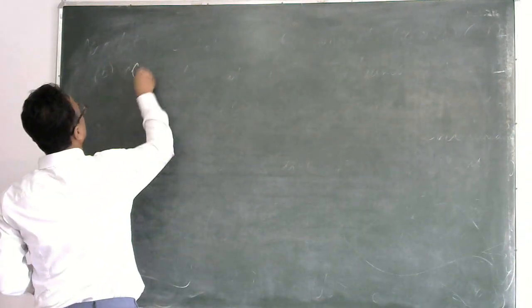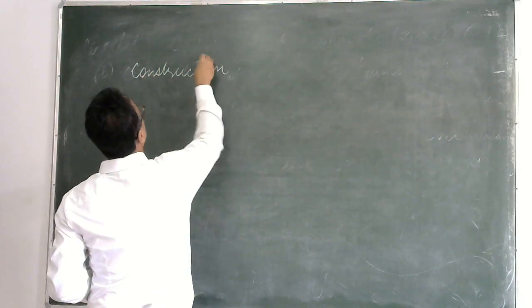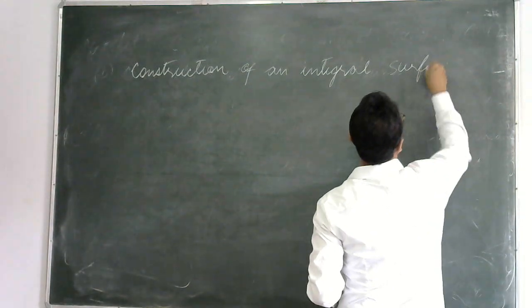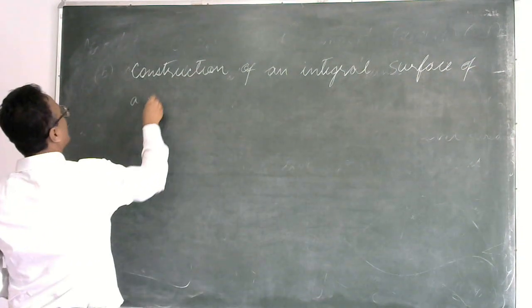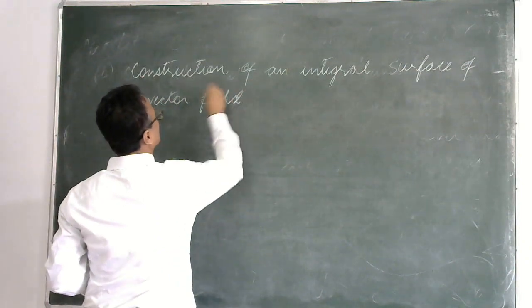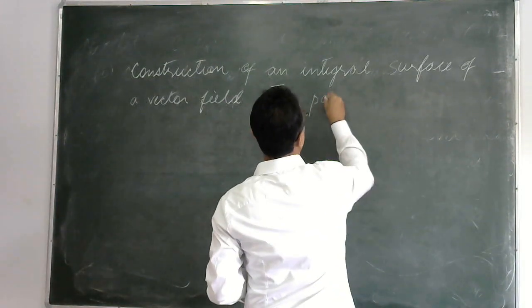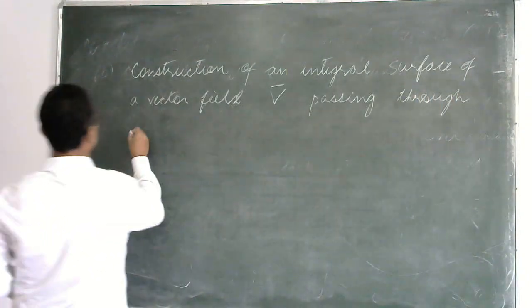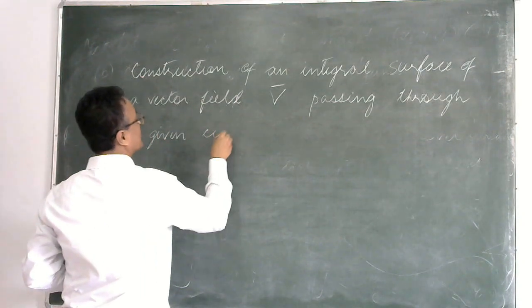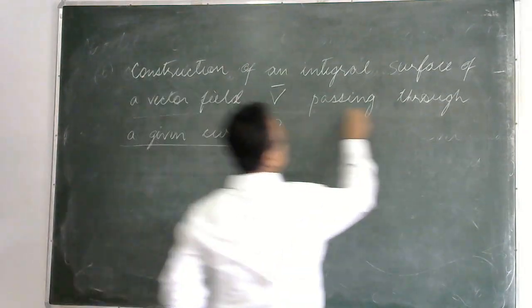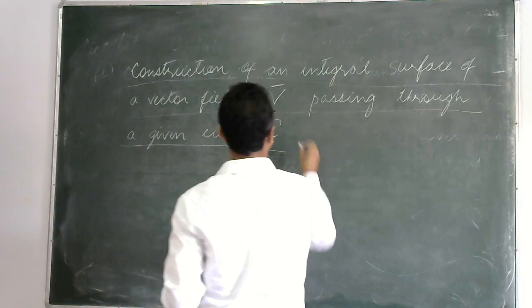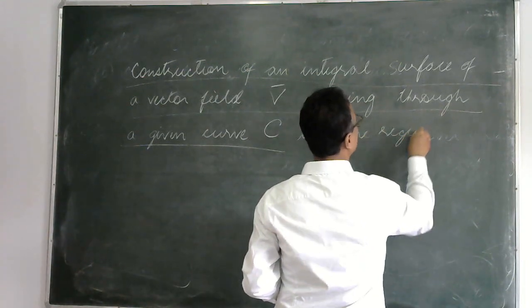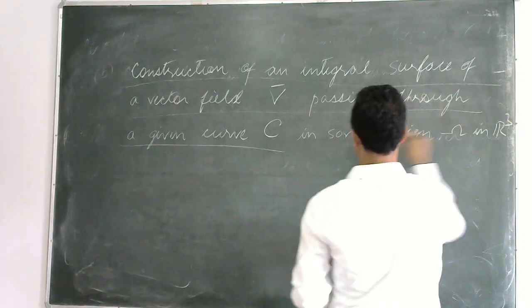Okay. So, construction of an integral surface of a vector v through a given curve C in some region omega in R^3.